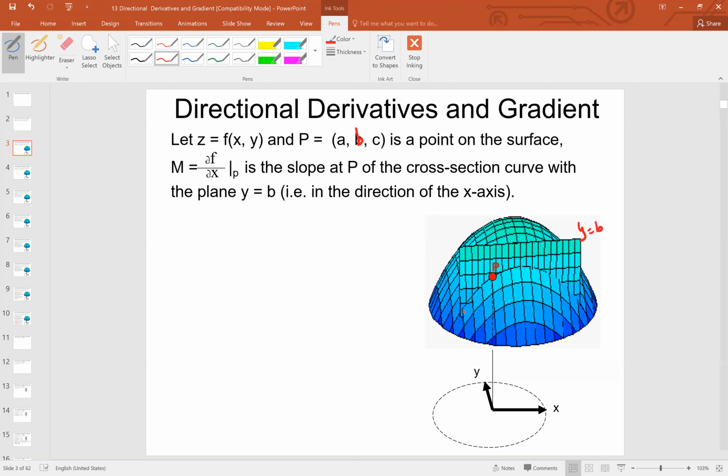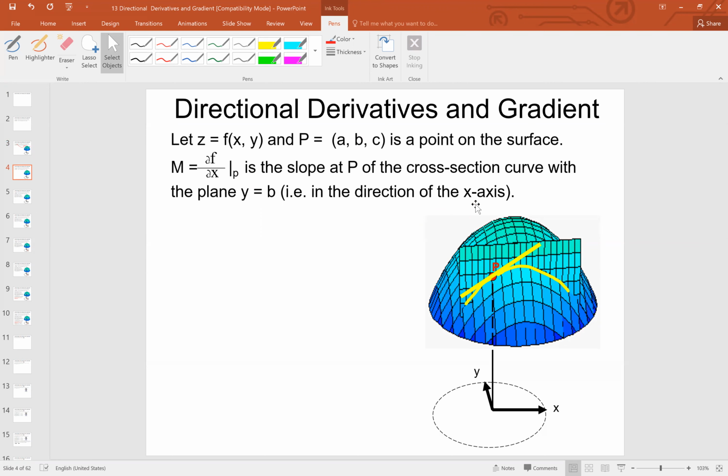We cut across and look at the curve on that plane, and the partial of f with respect to x is the slope of this curve. Slope. And so here's the picture.